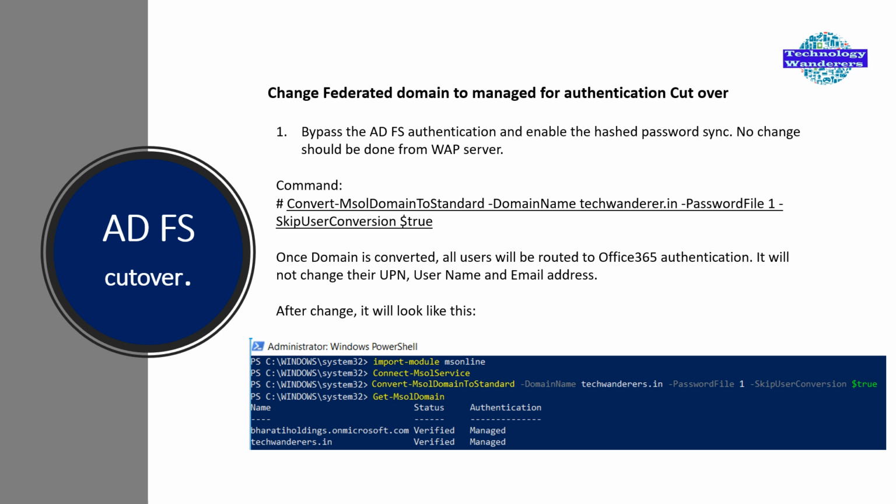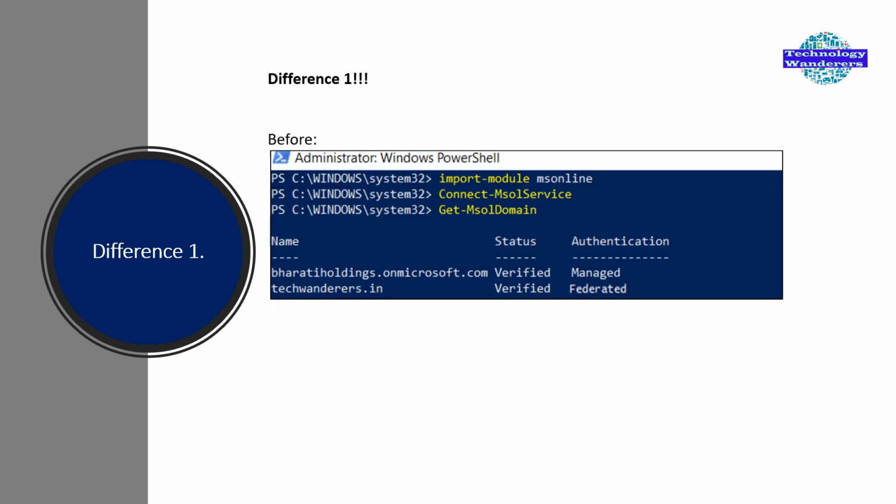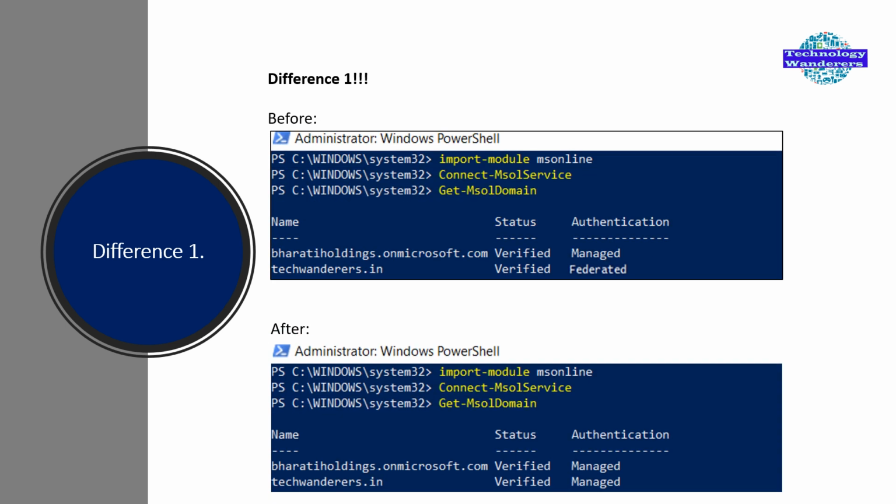Fine. What will happen? The domain will change from federated to managed. See the difference: earlier it was federated, now it is managed. Once it is changed to managed, you are free, because all users will now authenticate from Azure AD. No hits will come on the ADFS side, because the ADFS side is down.